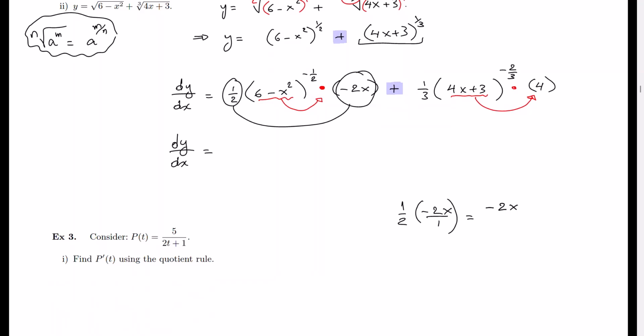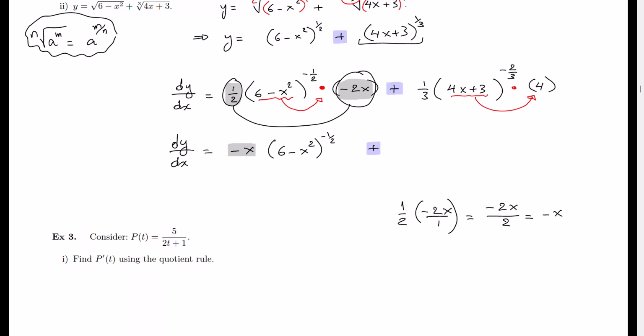So negative 2x times 1 is just negative 2x, and then 2 times 1 is 2. But that's just the same thing as negative x. So instead of the 1/2 multiplied with the negative 2x, now I just have negative x. And the other part, we just leave it alone. There's the plus sign that was in the middle earlier, I'll just leave it in the middle again.